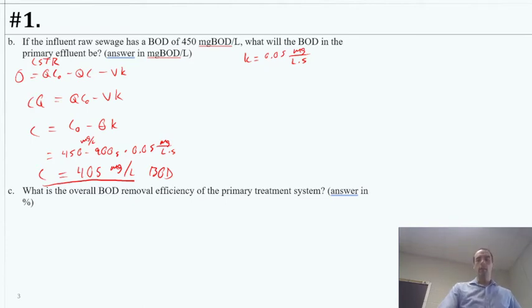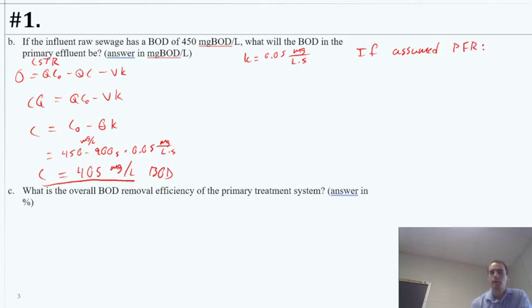Okay, so let's see what happens. I had not thought about this while I was grading, but if you had assumed it was a plug flow reactor instead, our mass balance would look like this. And I think that I would have a little bit of sympathy if you did it this way, now that I'm thinking about it, because I really didn't give much information.